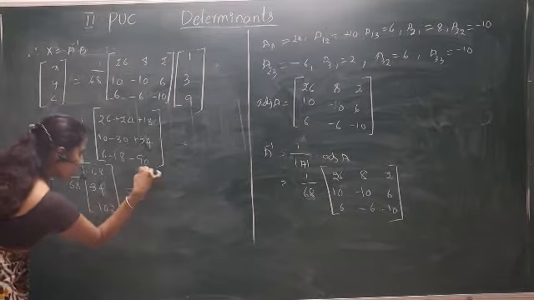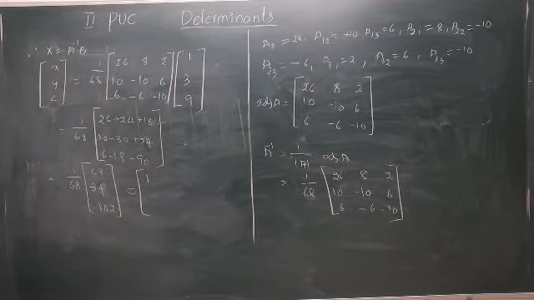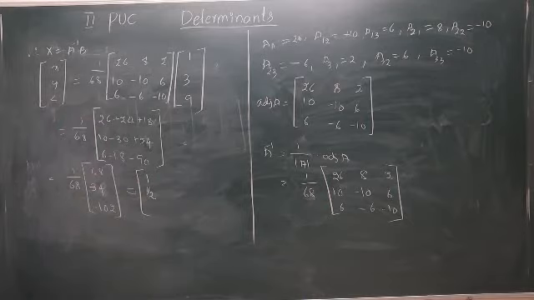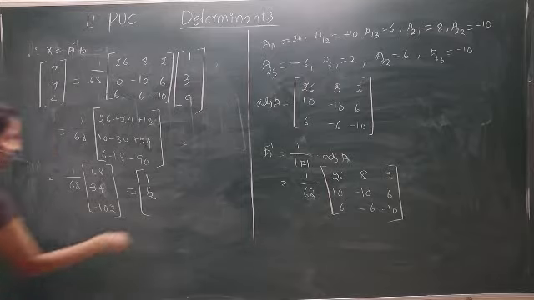So this will be equal to 1. 34 by 68 is 1 by 2. Next one is minus 102 divided by 68, that will be minus 3 by 2.